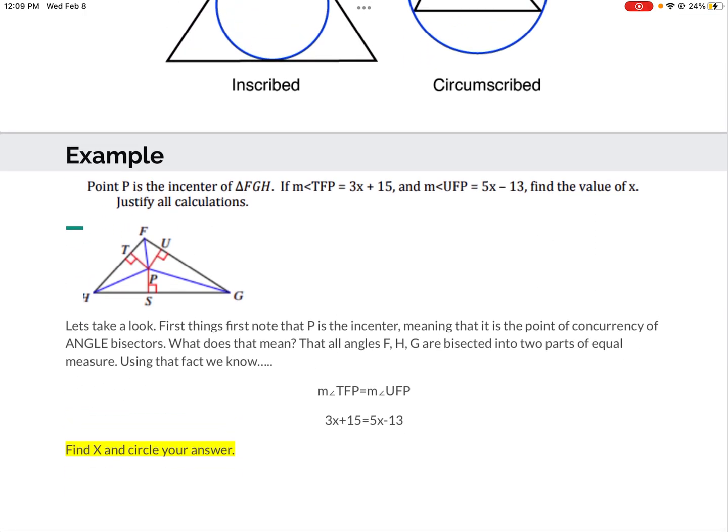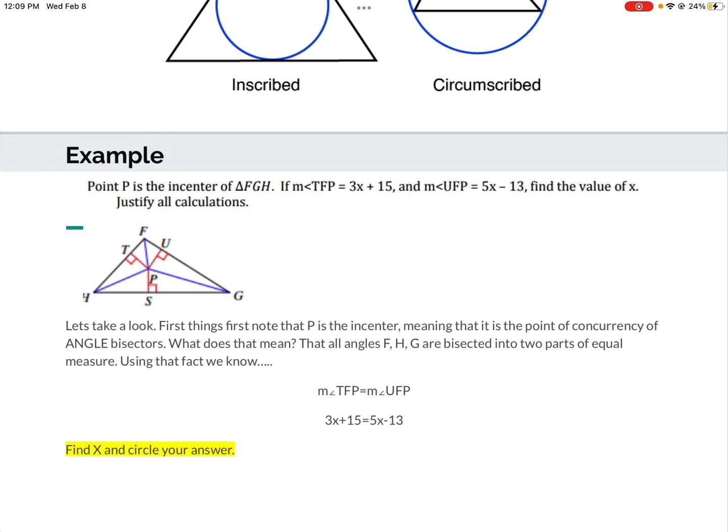I say that point P is the incenter of triangle FGH. I have this relationship: the measure of angle TFP, the top left angle, and angle UFP, the top right angle. We have those measures, and we want to find the value of x. The first thing we note is that P is the incenter, meaning this is the point of concurrency of the angle bisectors.